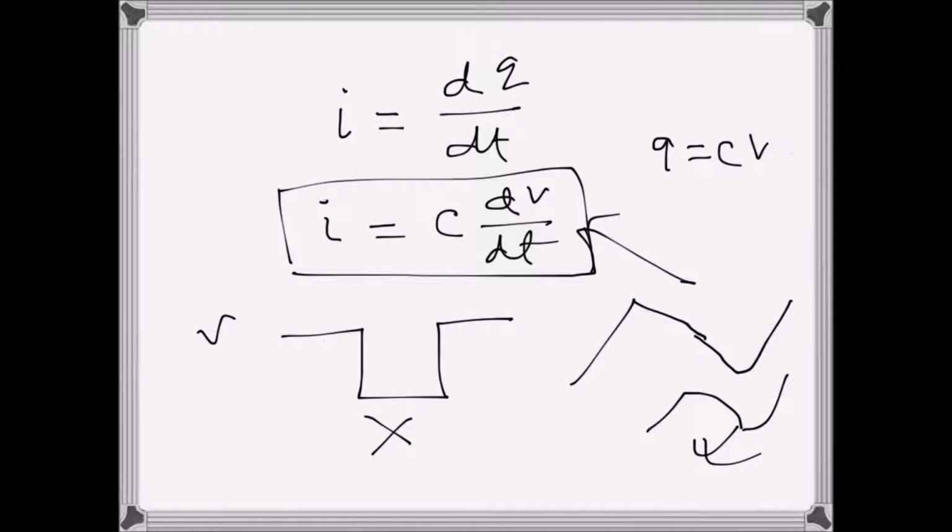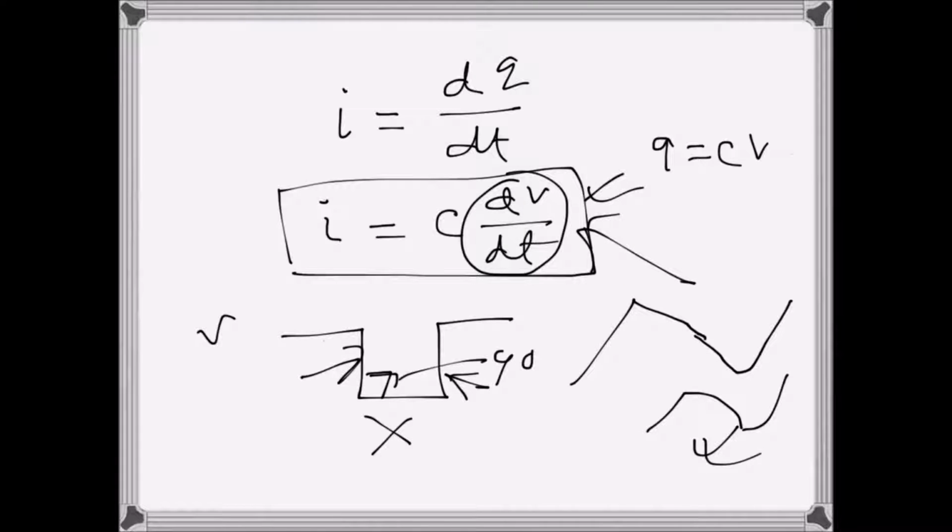Why? Because if the voltage changes abruptly, that means this one is infinity, because the angle here is 90 degrees and tan 90 degrees is infinite. This is the gradient of the voltage basically. dV over dt is the gradient if we plot voltage versus time, and if the voltage changes abruptly like this, the angle is 90 degrees, so the gradient tan 90 degrees is infinite, so the current will be infinite.